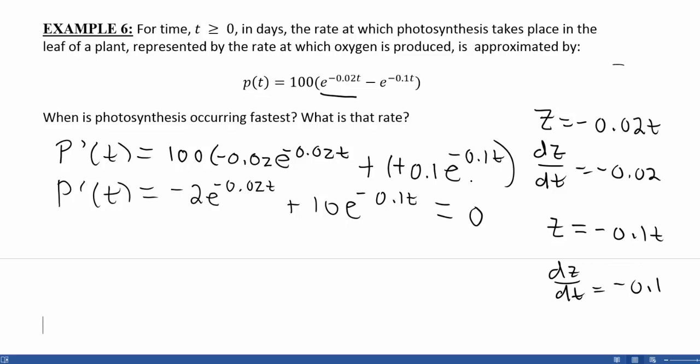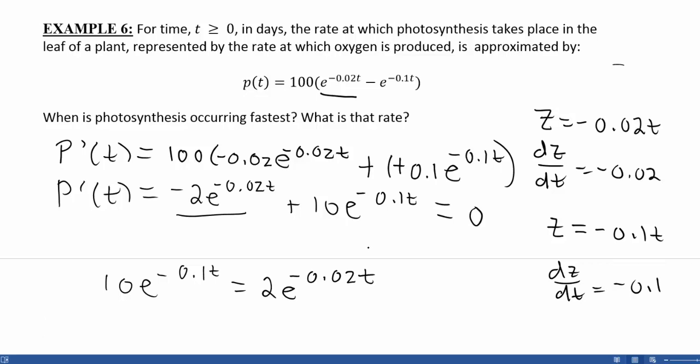First, because the first term is negative, and natural log is not defined for negative numbers, but also because I can't just start taking the natural log until I have a single term with a single variable. So what I want to do here is add the first term over to the right. Doing so is going to give me 10e to the negative 0.1t equals 2e to the negative 0.02t.